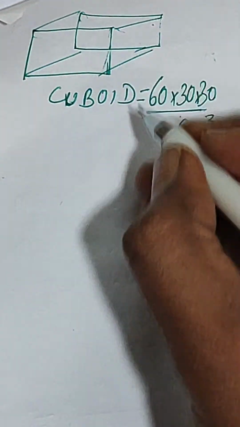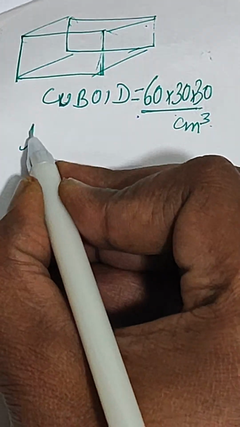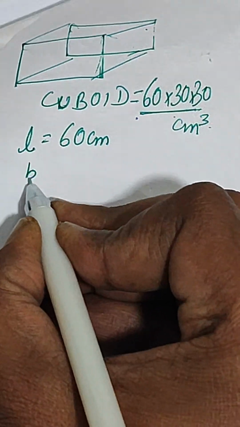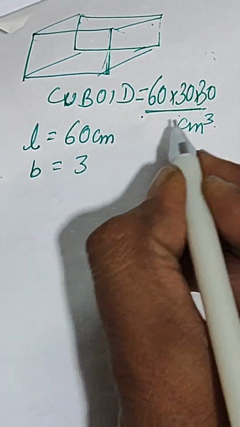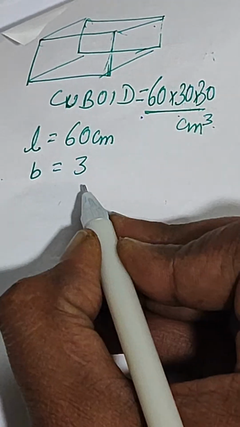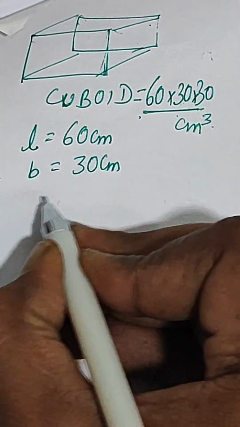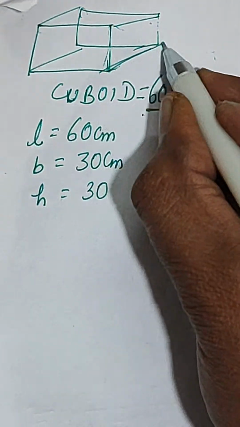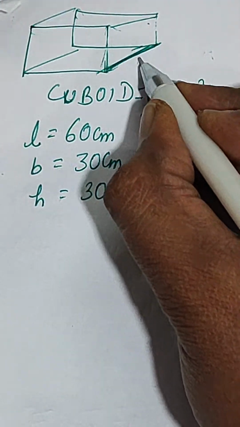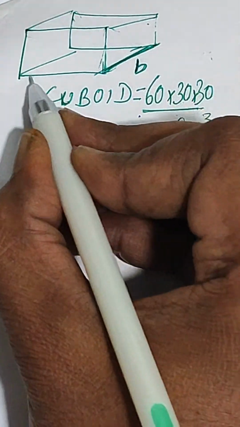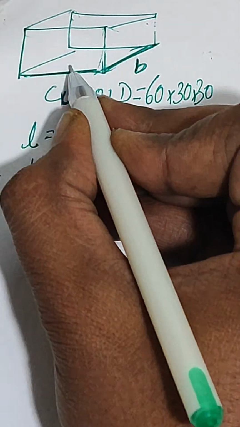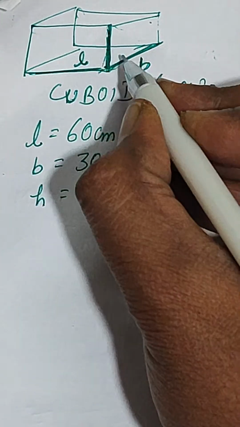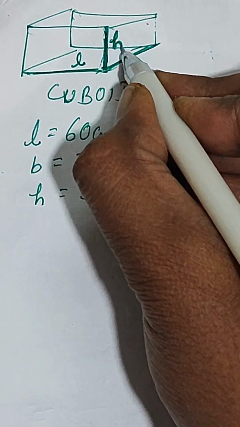That means we can say that maybe the length is 60 centimeter, the breadth is 30, and its height is 30. Maybe this is the breadth, this will be the length, and this will be the height.